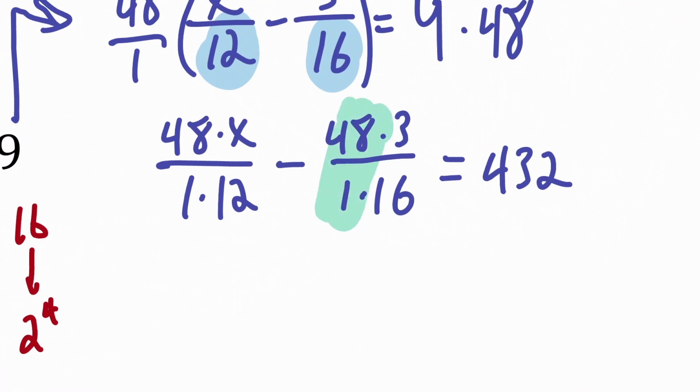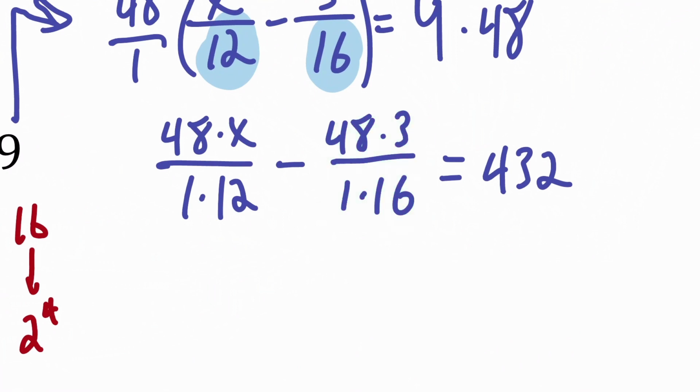Let's look at this one first. This one is the reason I didn't total up the products. Like I wrote 1 times 12 instead of just 12, 1 times 16 instead of just 16, and then 48 times 3 instead of what is that? 144. Okay.